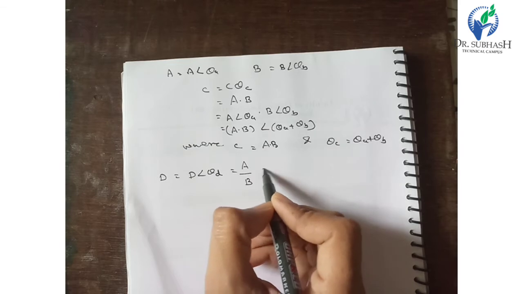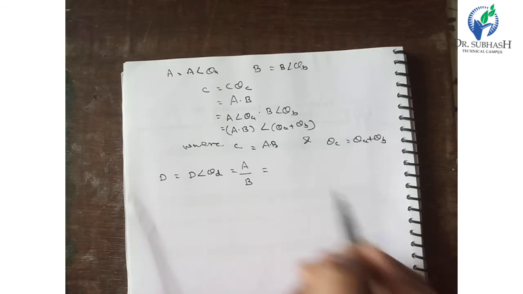Now the A value and B value are in a division form.